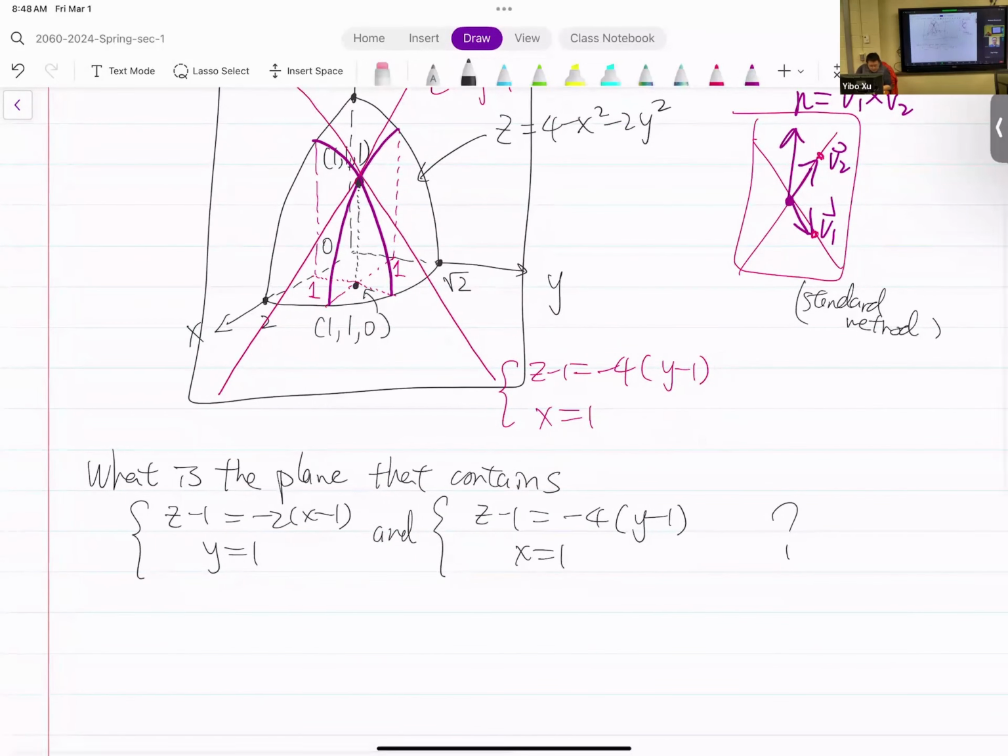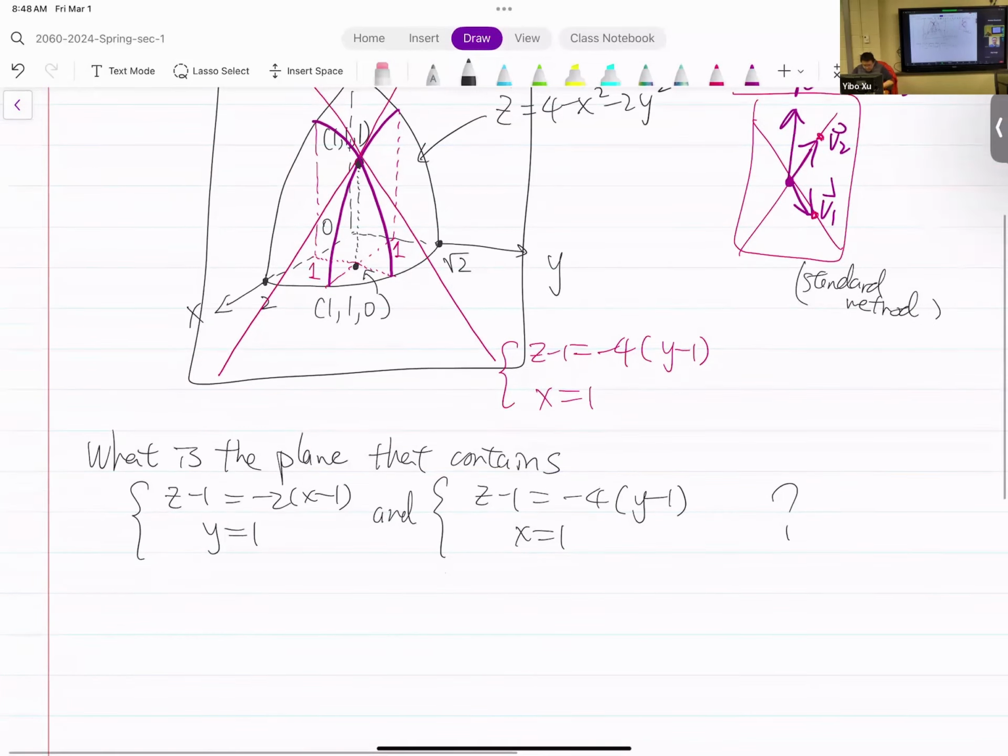Right, now let's get an unconventional solution. Okay, we have two more minutes. Let's just go and see how much we can cover.